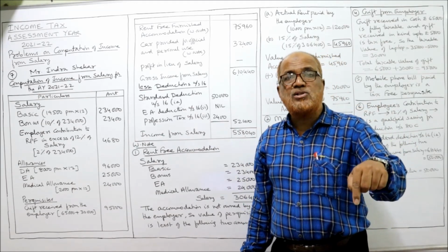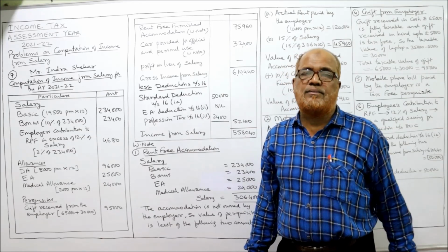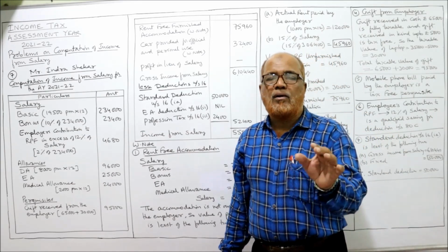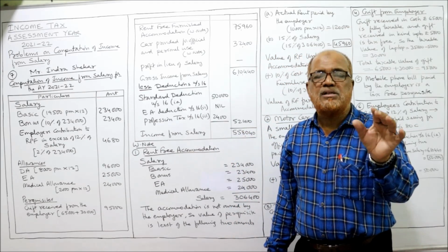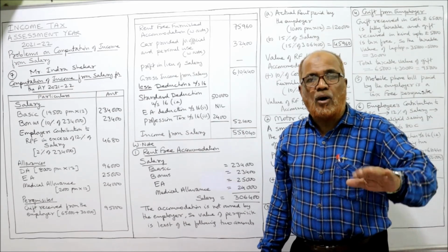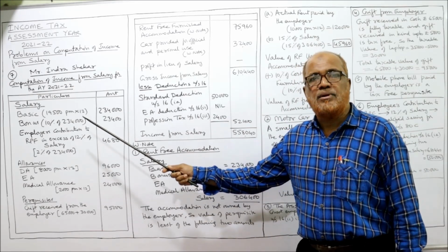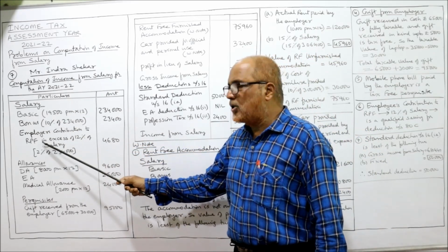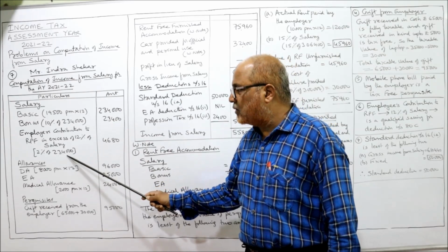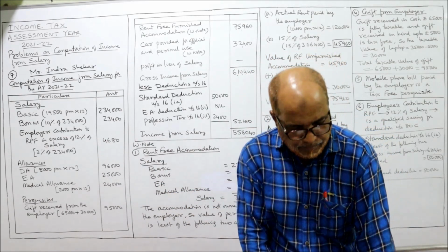Whereas the employer's contribution to RPF is exempted up to 12%. Excess will be taxed. In our problem, the employer contributes 14% of salary. Up to 12% exempted. How much is excess? 2%. That 2% is taxed. So employer's contribution to RPF in excess of 12%, that is 2% of 2,34,000, 4,680 is taxable.